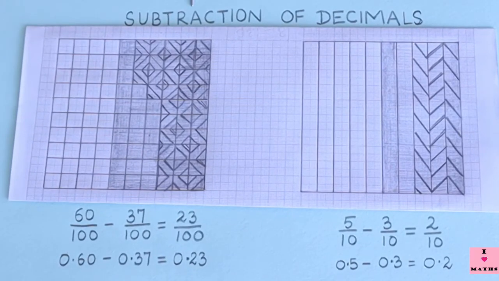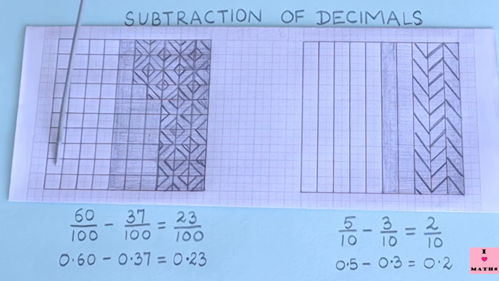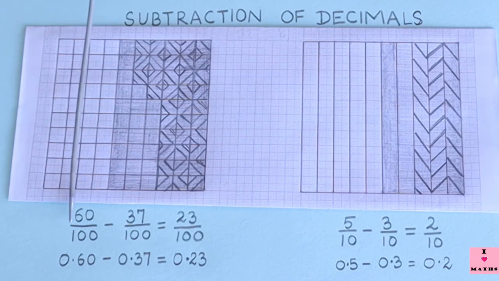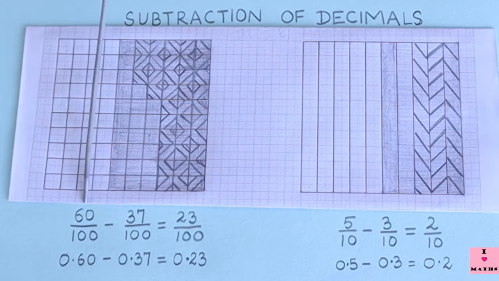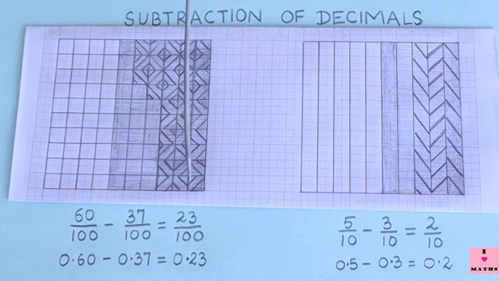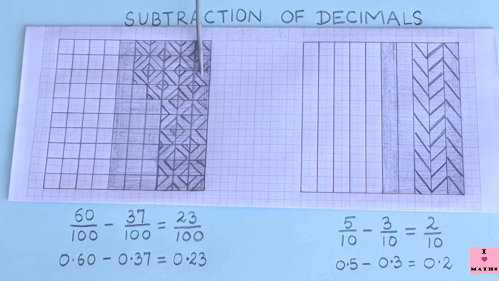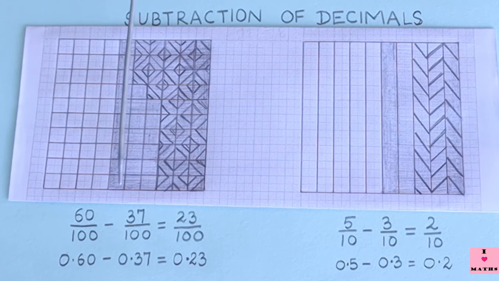Now for subtraction of decimals. First of all, we divided this figure into 100 equal parts and we shaded 60 parts evenly. You can see that 60 parts have been shaded. Now 60 out of 100 means 0.60.